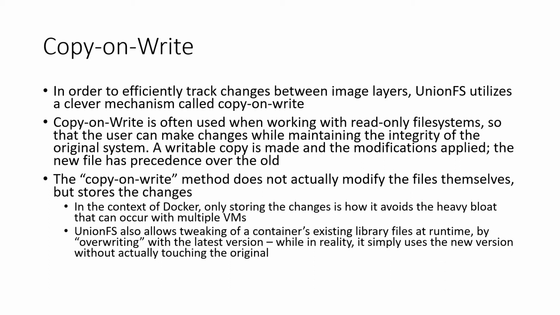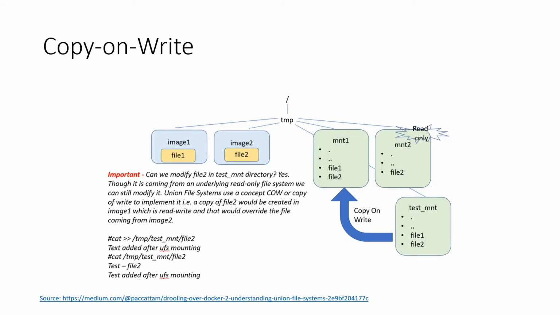And another benefit of copy on write that I've read is actually being able to tweak the existing library files at runtime. So if you've got maybe an old image that has some library files that don't quite work anymore, it will grab what it needs, make those changes, and employ those library files in its actual current instance. But at the same time, the image that you're running is not changed.